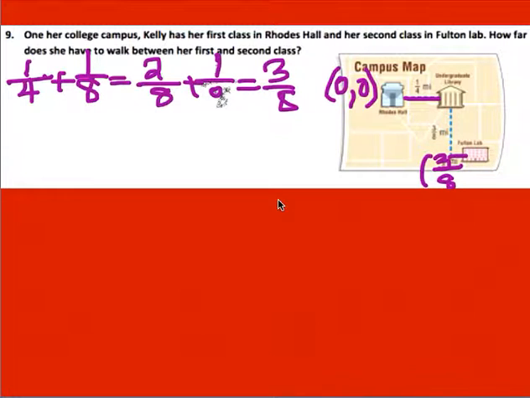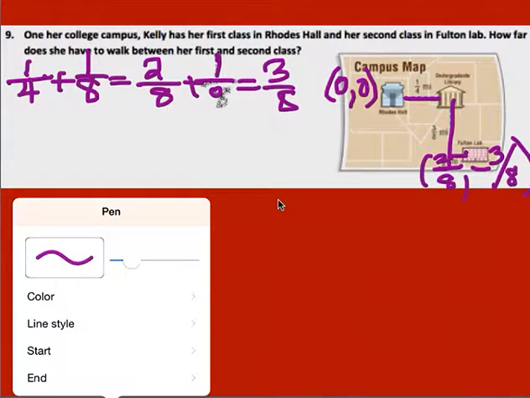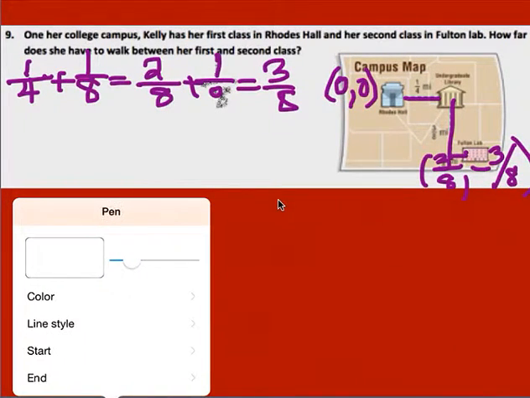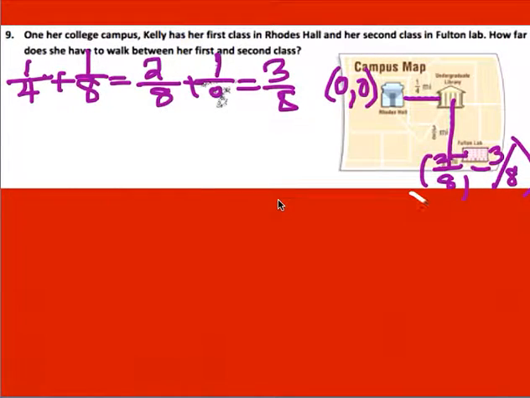Then it looks like she went south 3/8 of a mile. So I'm going to call that -3/8. So we have the point (0, 0), and we have the point (3/8, -3/8). So let's go ahead and do the distance formula with that. So I have x1, y1, and then this will be x2 and y2. It doesn't actually matter, again, that order.